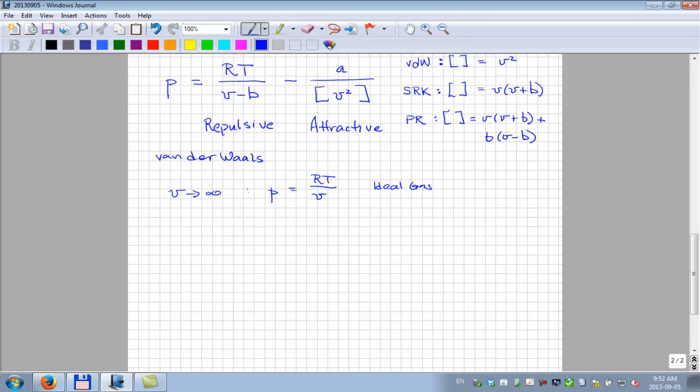In this equation, in a sense, yeah. That's a physical interpretation of B. What's called A, it doesn't have such a simple physical interpretation that I know of, or that I've thought of.